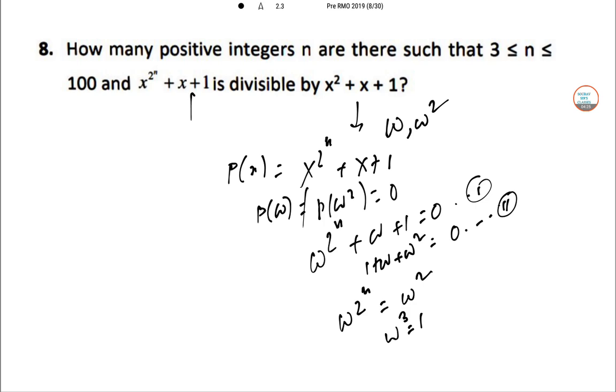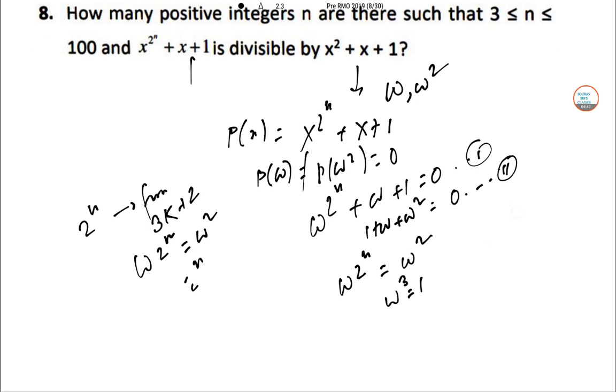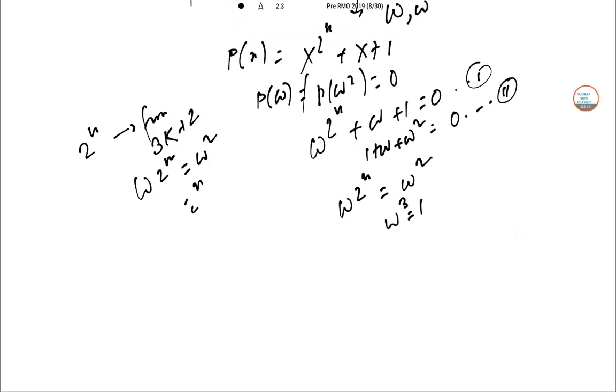So 2 to the power n must be of the form 3k plus 2, so that omega to the power 2 to the power n is omega square. Dividing 2 to the power n by 3, we get 2 to the power n congruent to minus 1 to the power n modulo 3.